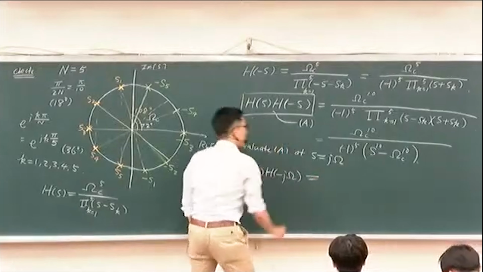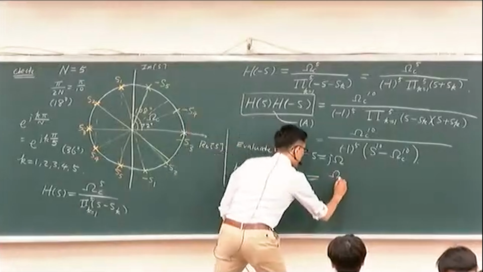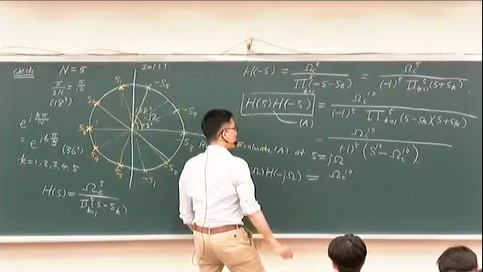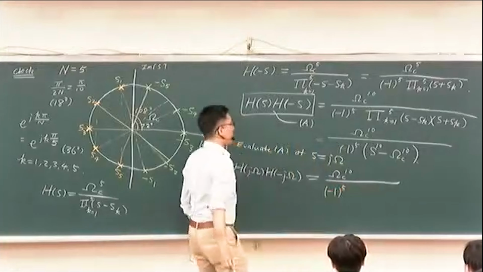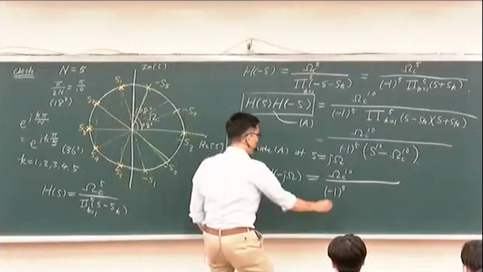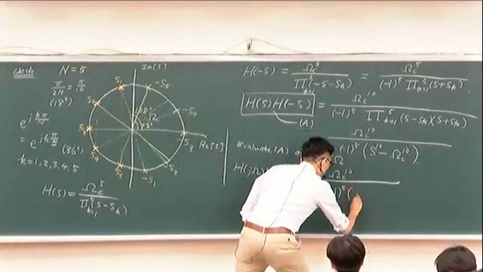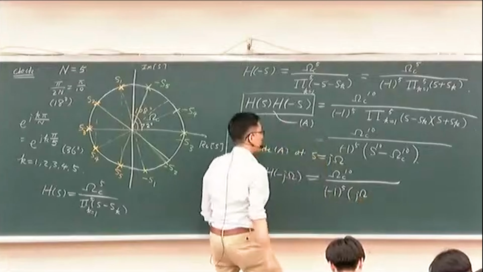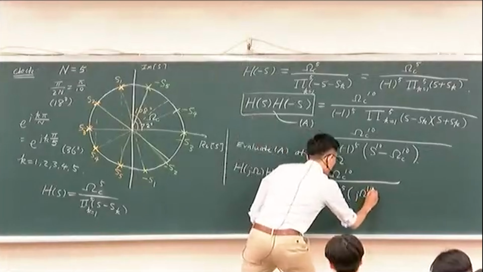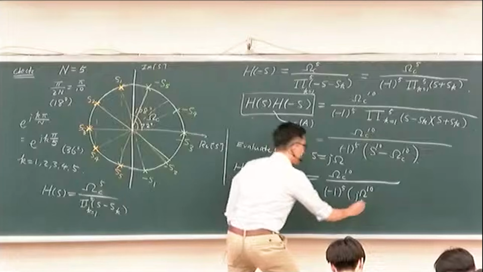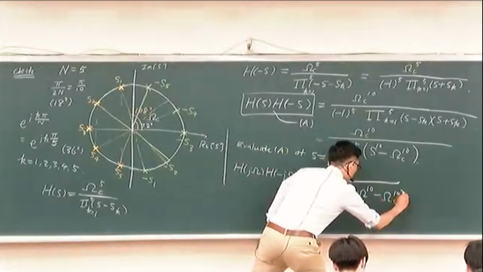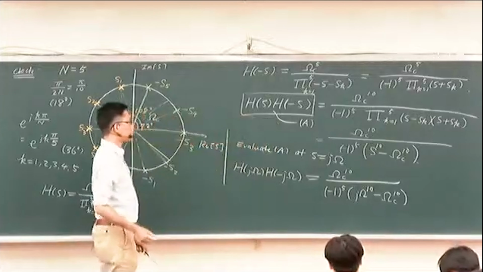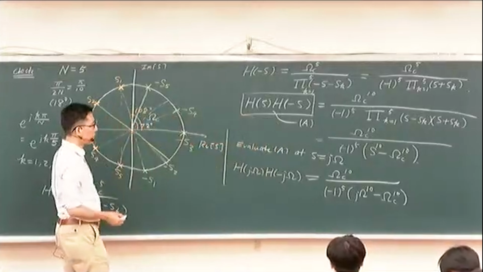Now it equals, I'm just going to copy this right here, minus 1 to the 5th power and j omega to the 10th power divided by omega c to the 10th power. Okay?